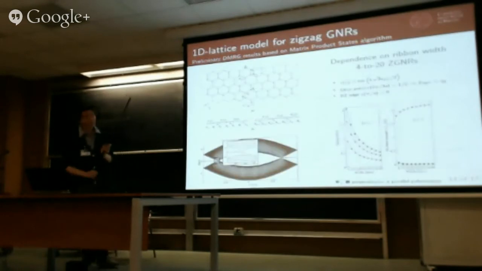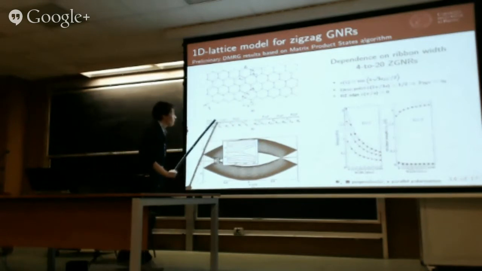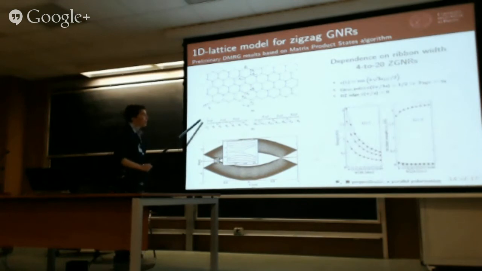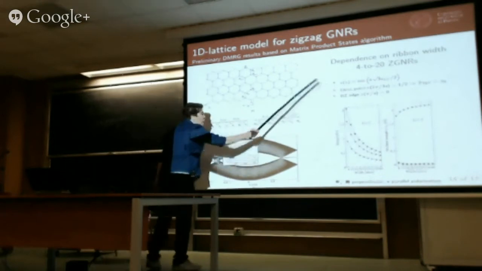Now let's come to the quantum lattice model for zigzag graphene nanoribbons, which is quite different. It's a one-dimensional system with open boundary conditions and alternating hopping gamma 0 and C gamma 0, where C is a k-dependent phase factor.